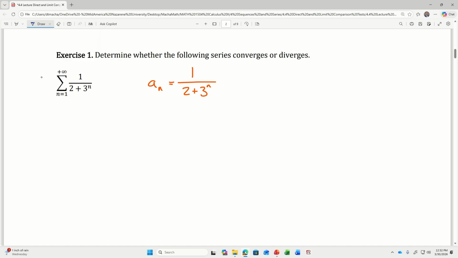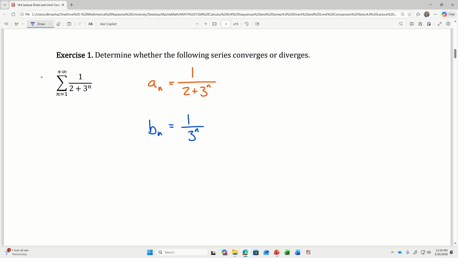And we get to choose a series of terms Bn that are going to look similar to the An series, but it's going to be simplified in some way so that we can figure out whether this Bn series is going to converge or diverge. And so what I'm thinking is, what if we got rid of the plus 2? What if every term in my Bn series was just 1 over 3 to the n power?